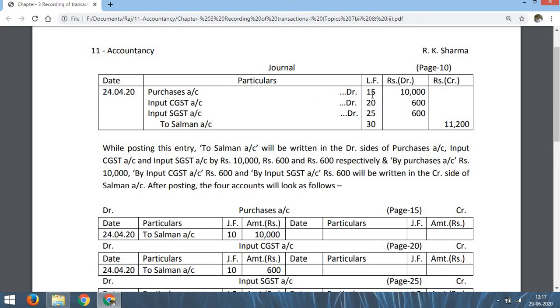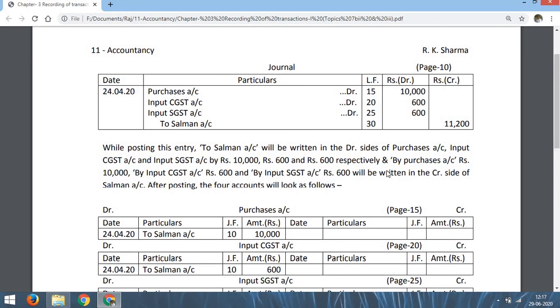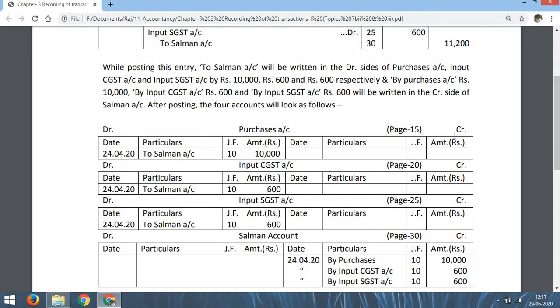That means on page number 15 we have purchase account, on page number 20 we have input CGST account, on page number 25 we have input SGST account, and on page number 30 we have Salman account. So while writing the page number of journal in ledger folio, simultaneously we have to write the page number of ledger in journal folio.